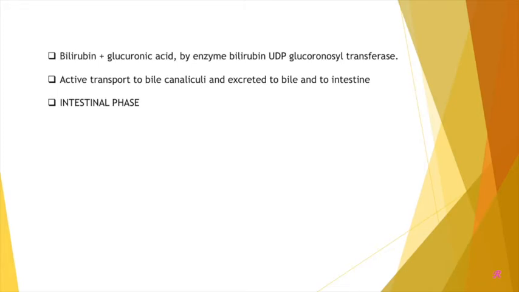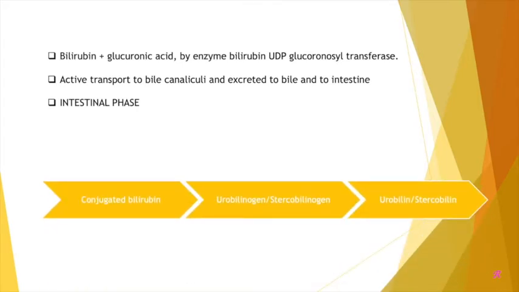The intestinal bacteria will come into action. They will change the conjugated bilirubin into urobilinogen or stercobilinogen. It is actually urobilinogen and stercobilinogen. So in the intestine, conjugated bilirubin will get converted into urobilinogen and stercobilinogen.